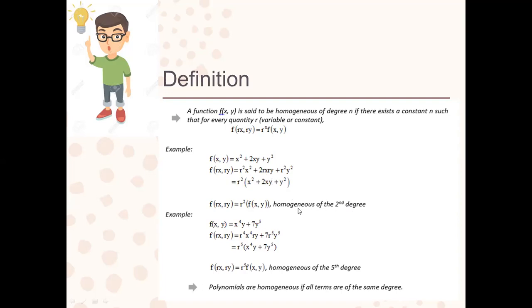So it's homogeneous in the sense that whatever the exponent, or the sum of the exponents or powers to which the variables in a particular term are raised, they are the same. If they're not the same, then that expression will not be homogeneous, because the degrees of the terms are not equal.